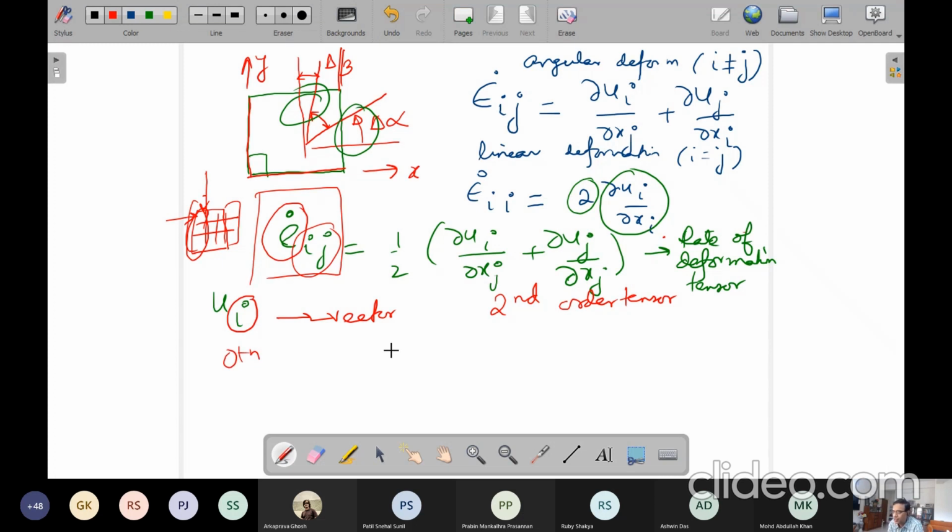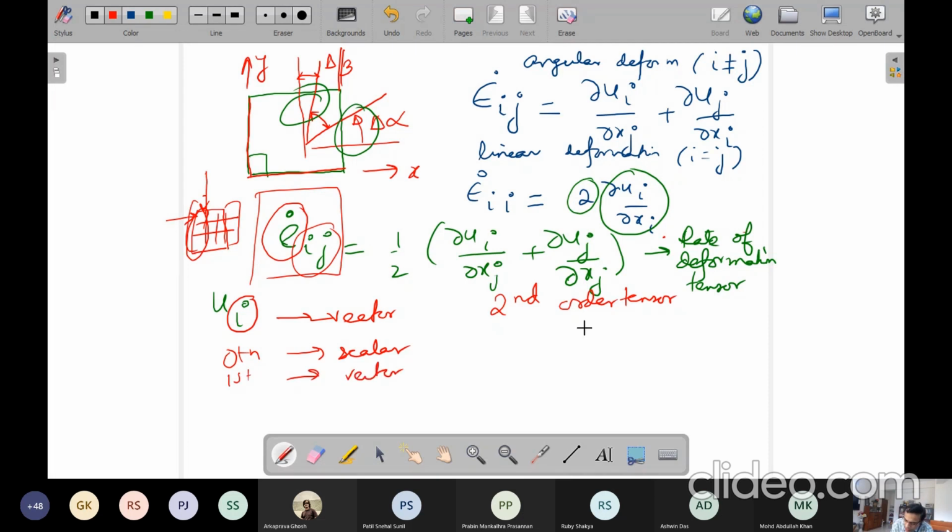Any understanding will have an intuitive component and a formal component, and that combination is our learning. The intuitive component, which is very much correct, is that 0th order means it will have no indices. So it's like a scalar, like pressure, temperature, etc. The first order requires 1 index, so it's a vector.